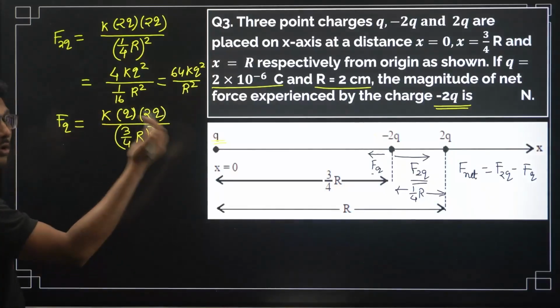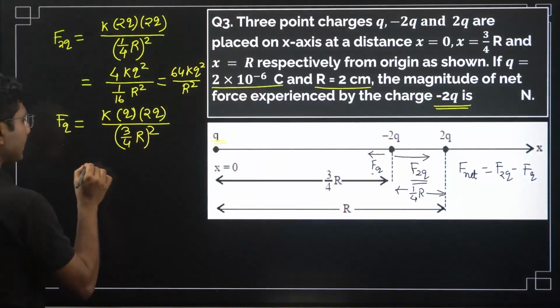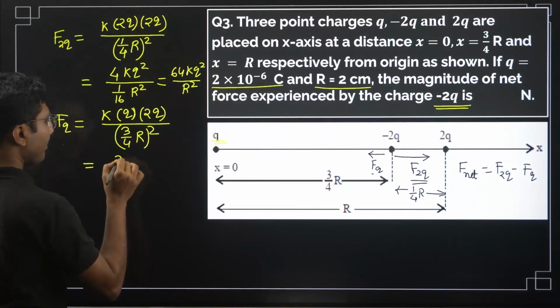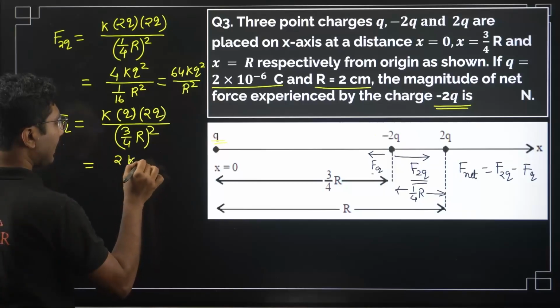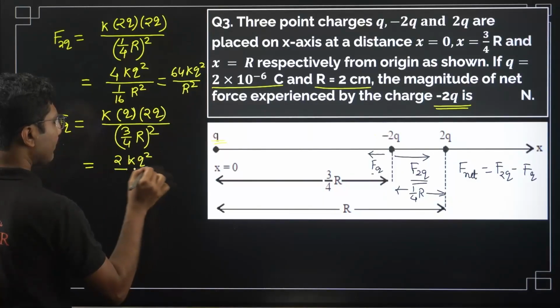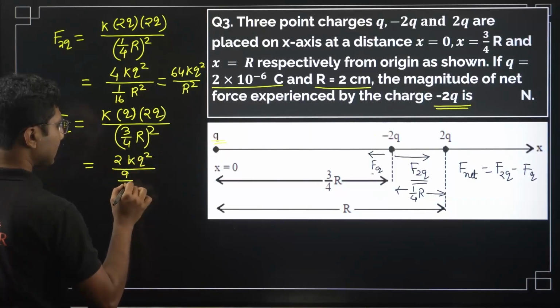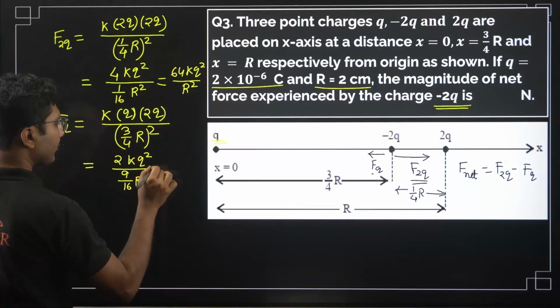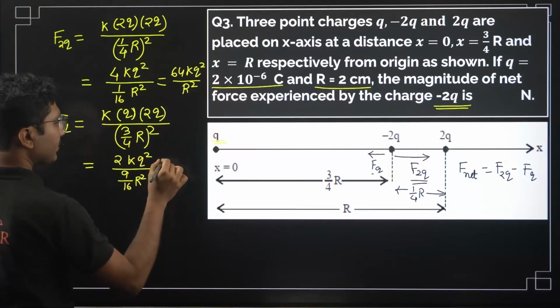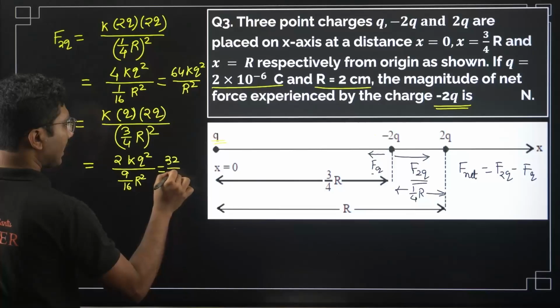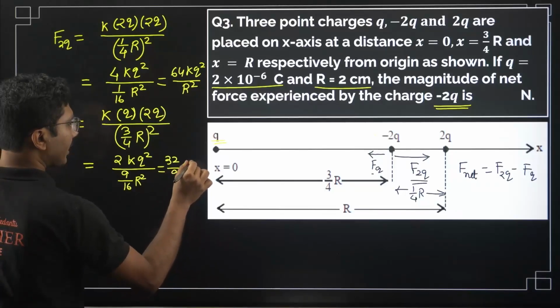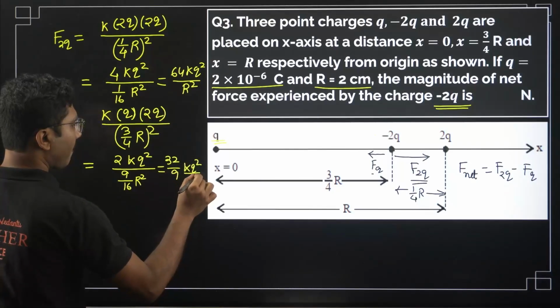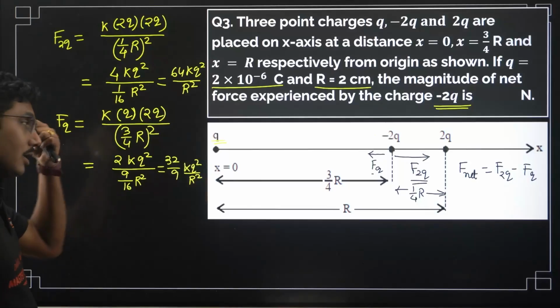It is 3 by 4 whole square. These are the common mistakes that students make. So 2k q square divided by 9 by 16 r square. This 16 will go up, so it is 32 by 9 kq square by r square. Okay, so this is the FQ force.